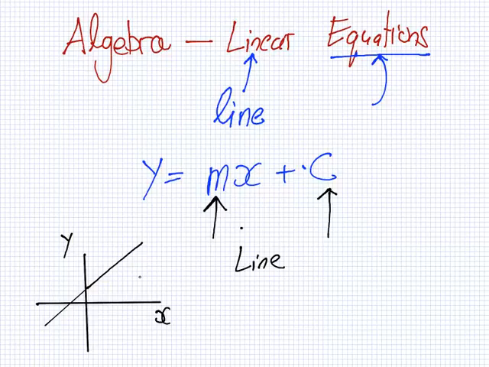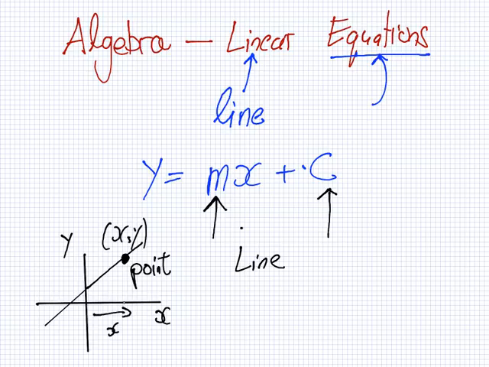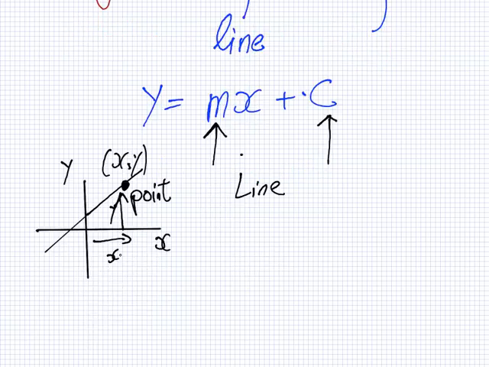For example, this here is called a point. X and Y. You go out X, and here you go up Y. You remember this, of course. So let's have a look at some examples to get started.